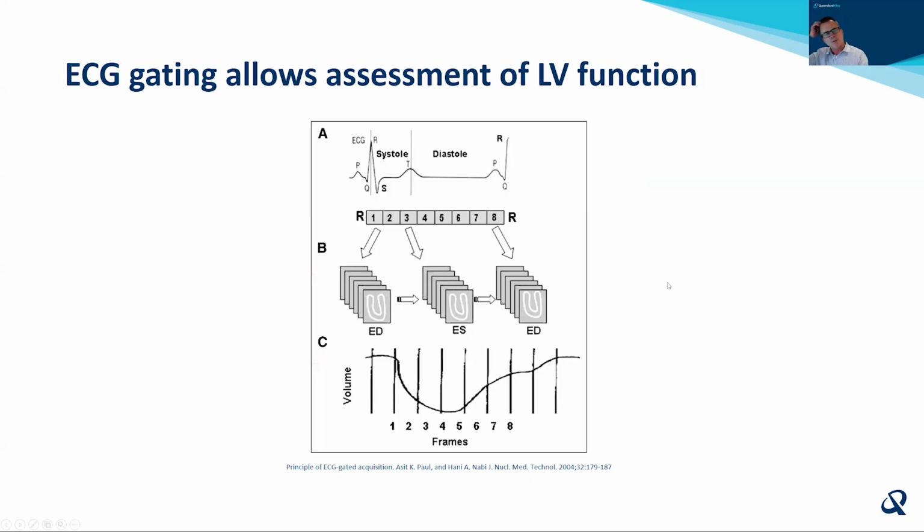Now, one other thing we can do with the cardiac scans is we can actually get a very good assessment of the LV function. And the way that the computer does that is that we have the patient monitored the whole time, and it breaks up the systole and diastole into 8 different segments and bins the information in each of those segments. And that's called ECG gating.